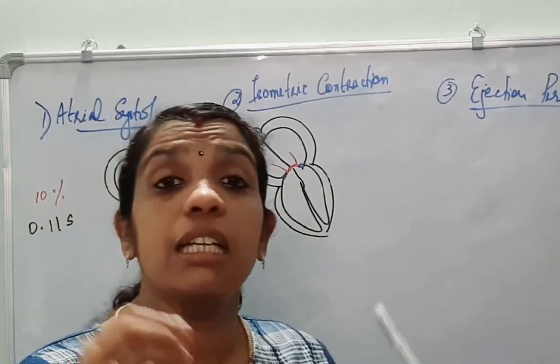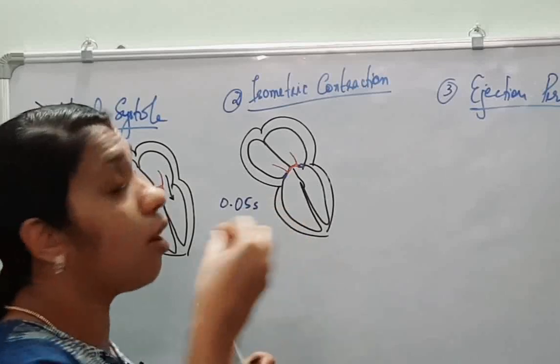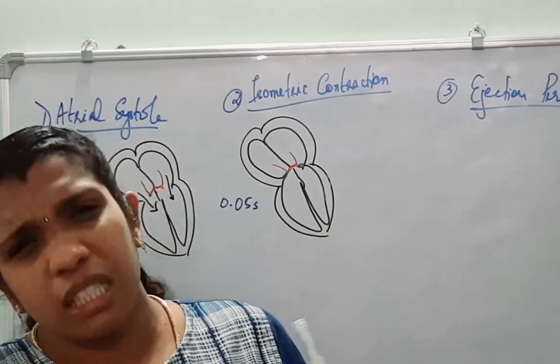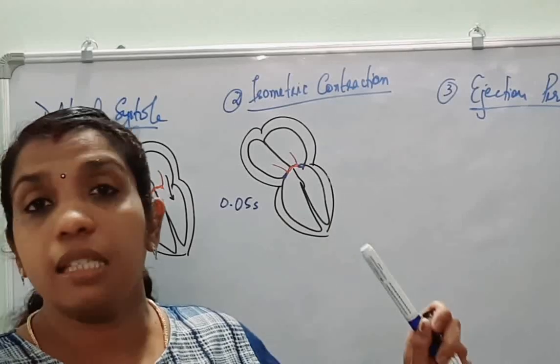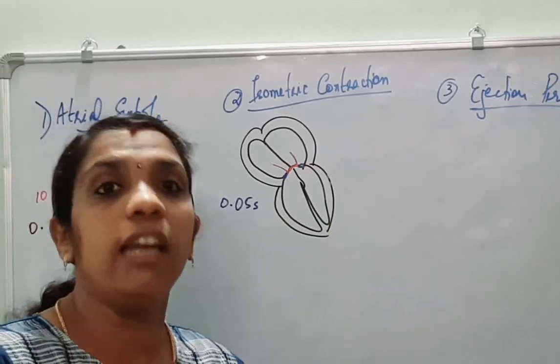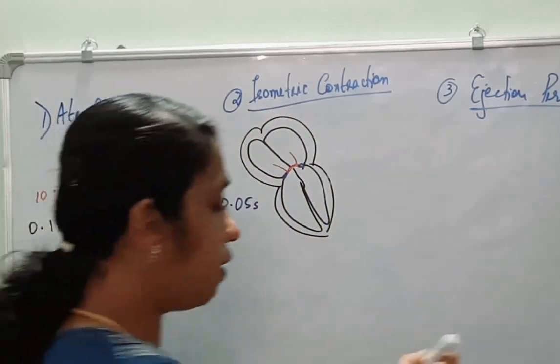The significance of the isometric contraction period is that, because of this increased pressure in the ventricle, the semilunar valves get opened. You understand? So the semilunar valves get opened.